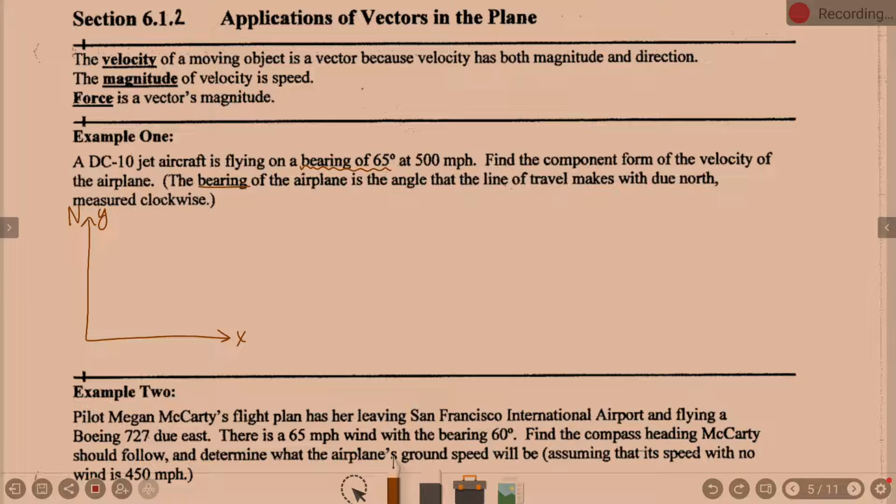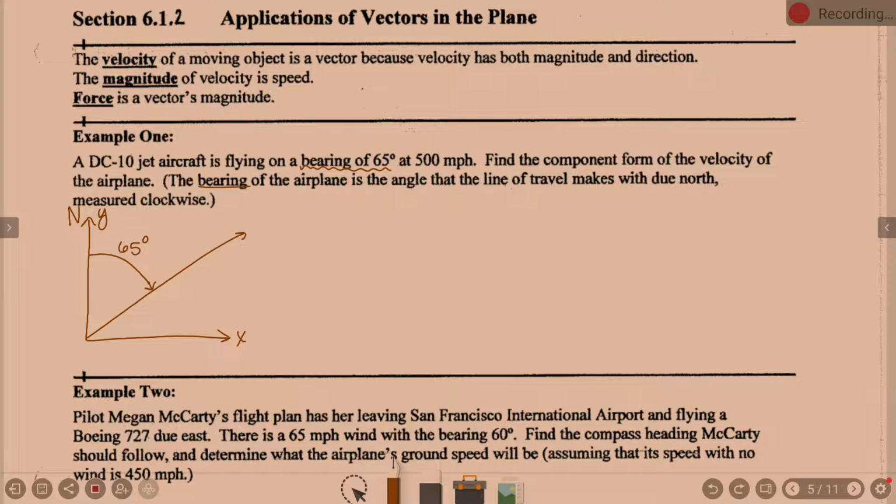From 0, we're going to go right 65 degrees. It's not exactly right, but something like that. I really don't like that picture, but oh well.